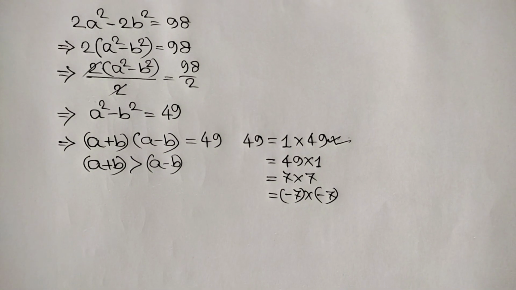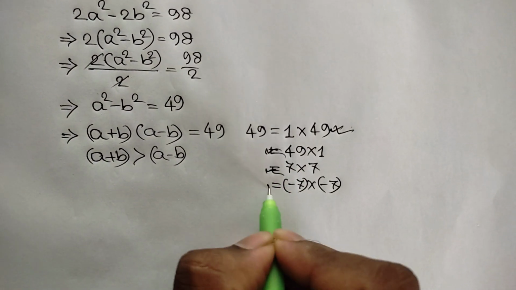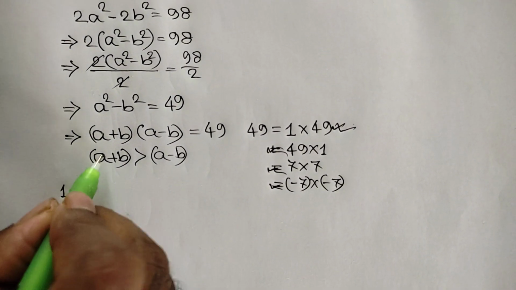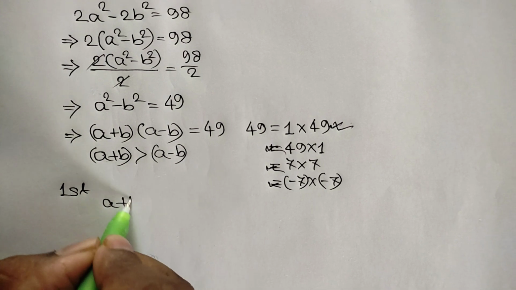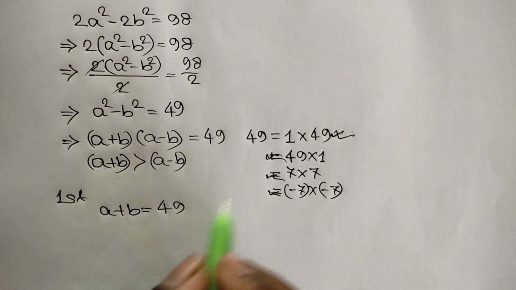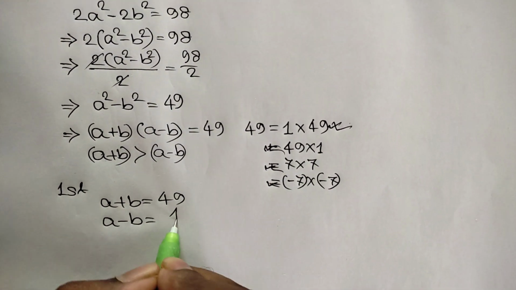Now here are three cases. First case, we can write a plus b is equal to 49, then a minus b is equal to 1.